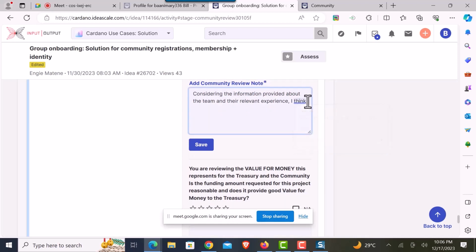So you can see, I think the team possess the skills and expertise to implement.